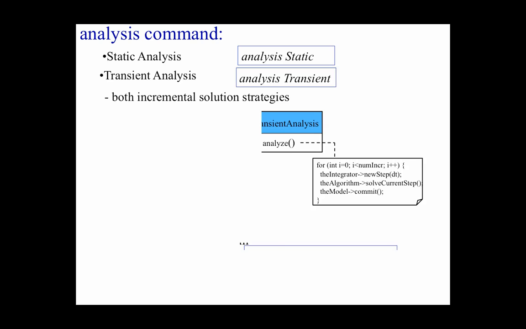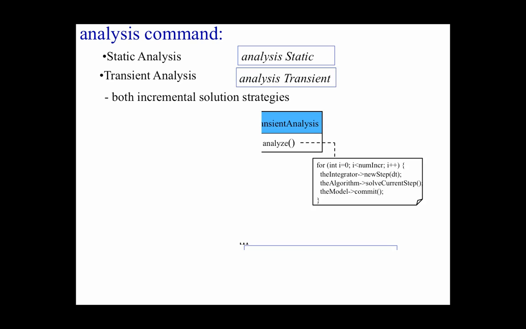So once we've constructed our integrators and everything else, as I say, this is our analysis static or transient, and then we issue the analyze command. And if you ever look at these classes in OpenSees, the static analysis and the transient analysis, these 4 lines of code is basically all that's there for a static analysis. Okay?